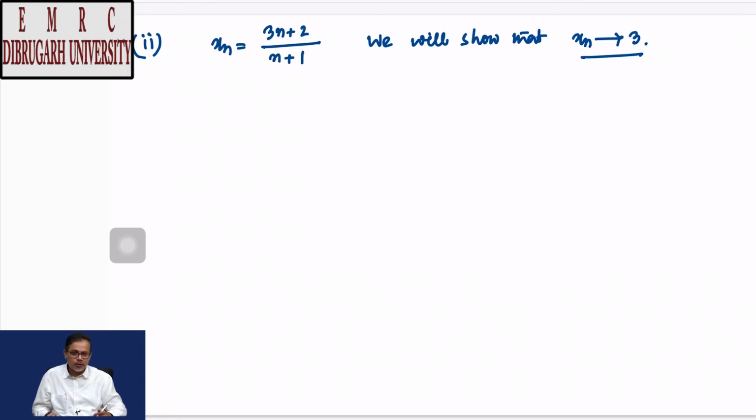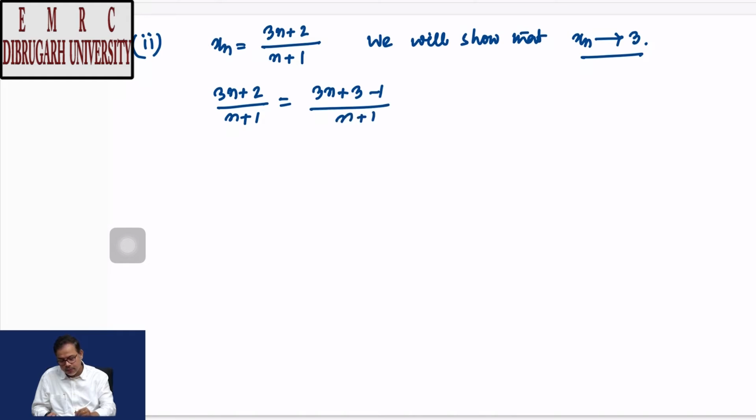We adopt a similar procedure. What we have? 3n plus 2 by n plus 1 can be written as 3n plus 3 minus 1 divided by n plus 1, that is 3 into n plus 1 minus 1 divided by n plus 1, and this is going to be 3 minus 1 by n plus 1.